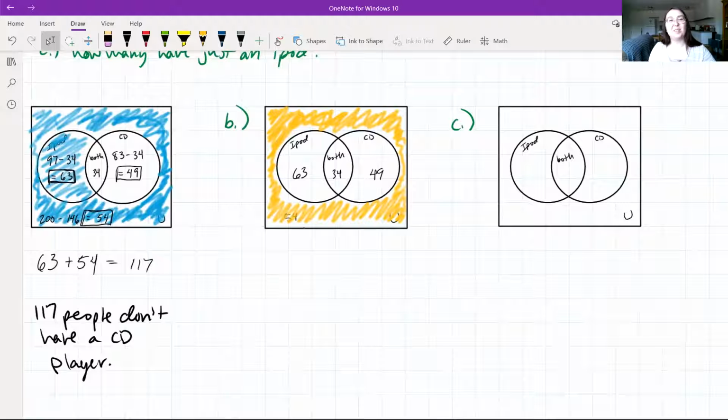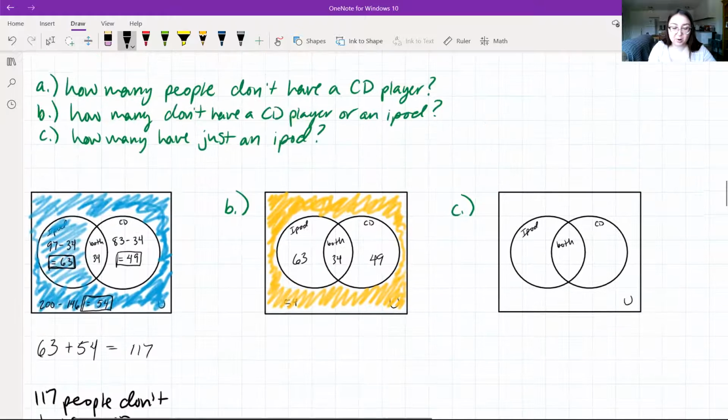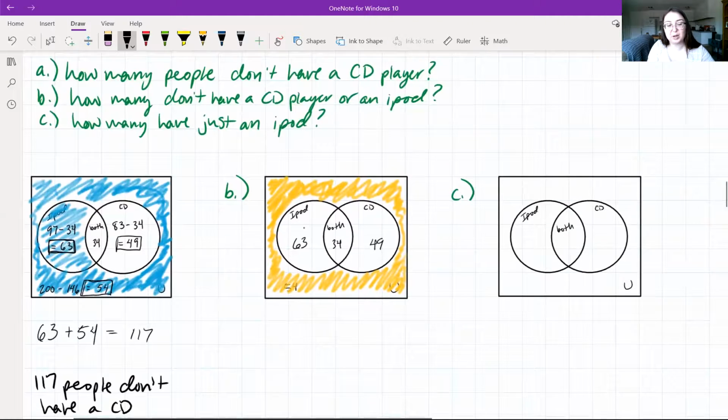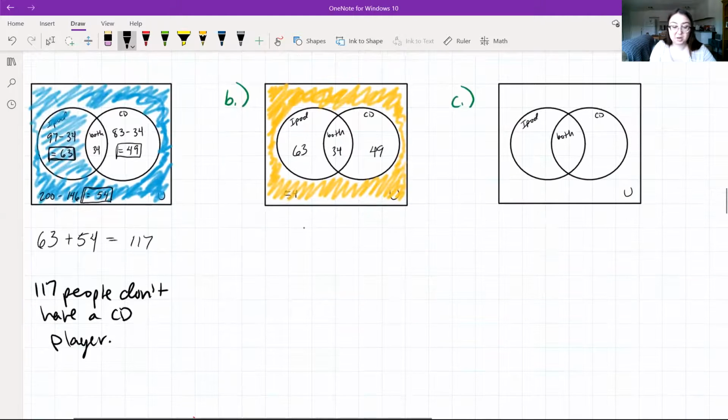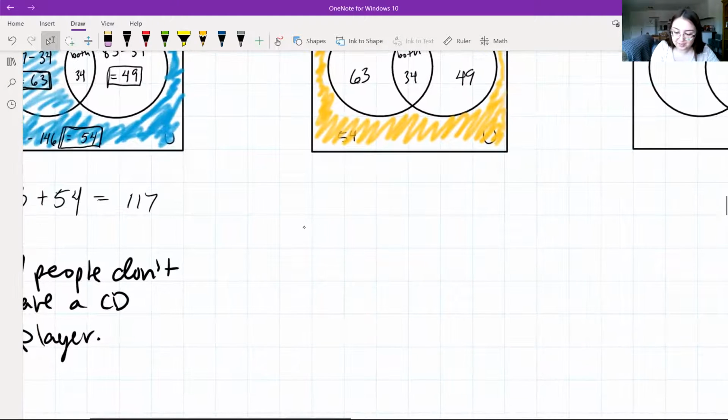Since we calculated the values of each one of these regions, we pretty clearly know the answer. Since we already found there are 54 that don't have either, and our question was how many people don't have a CD player or an iPod, we know the answer is going to be 54.